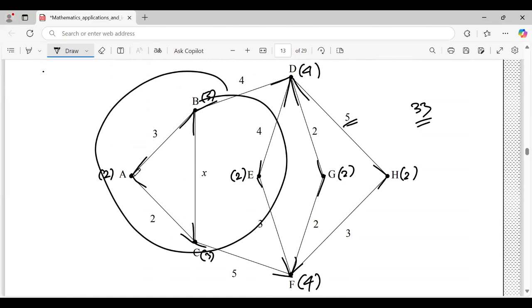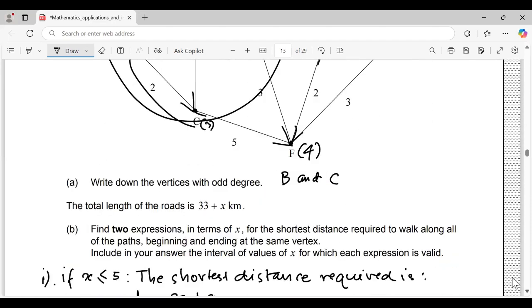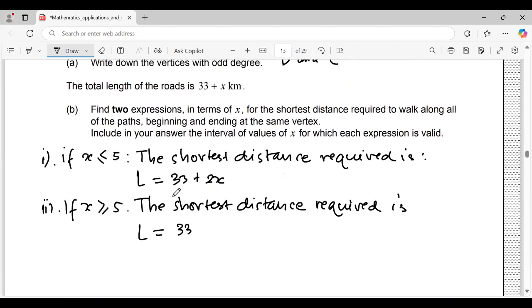We're going to calculate this part twice, this part AB and AC. It means plus 3 plus 2, totally plus 5. So it's going to be 33 plus x plus 5, and it becomes 38 plus x.